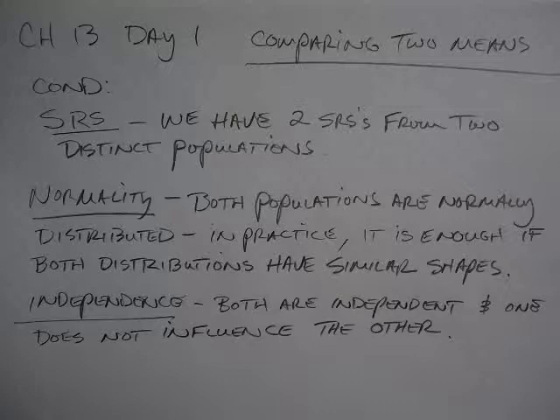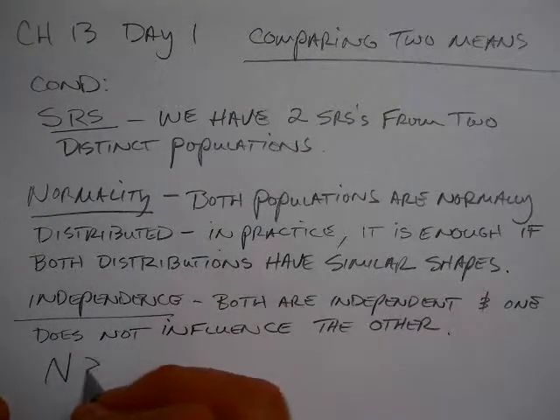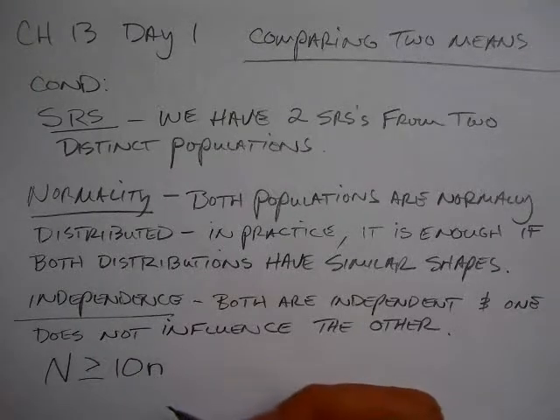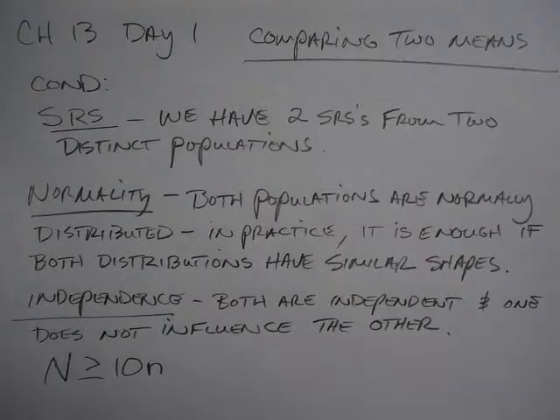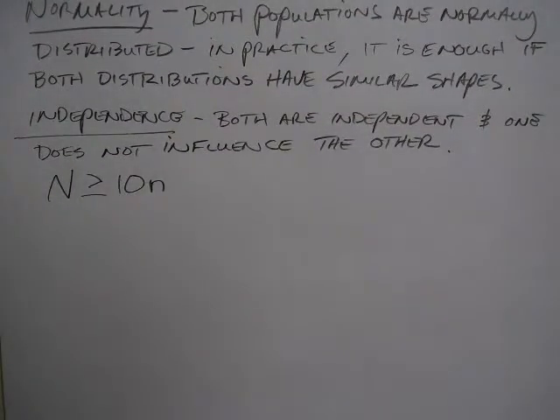Those are the three main ones, but in addition to that, the population has to be at least 10 times larger than the sample. That's sort of one we probably don't talk enough about until we get into proportions, but it's something that's important all the time.